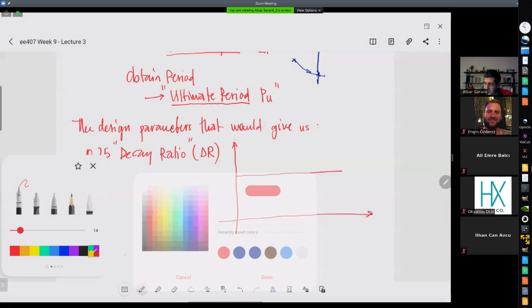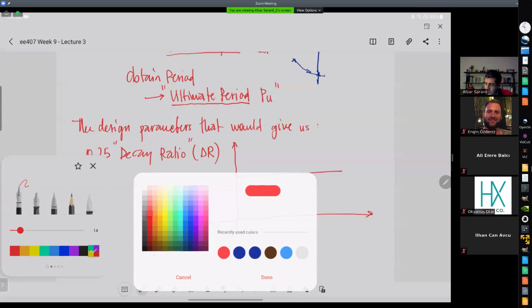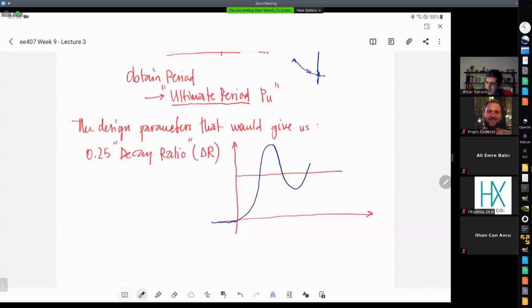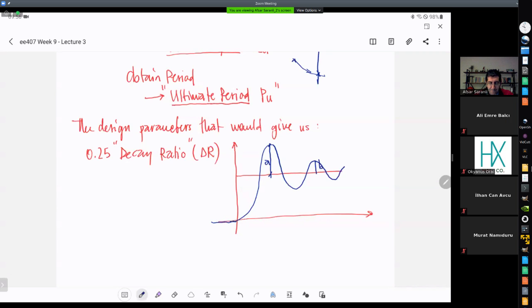So the response will basically have an overshoot and then a second overshoot and so on. So if you call this overshoot A and you call this overshoot B, decay ratio is actually the ratio of B to A, and that is for this design 0.25.